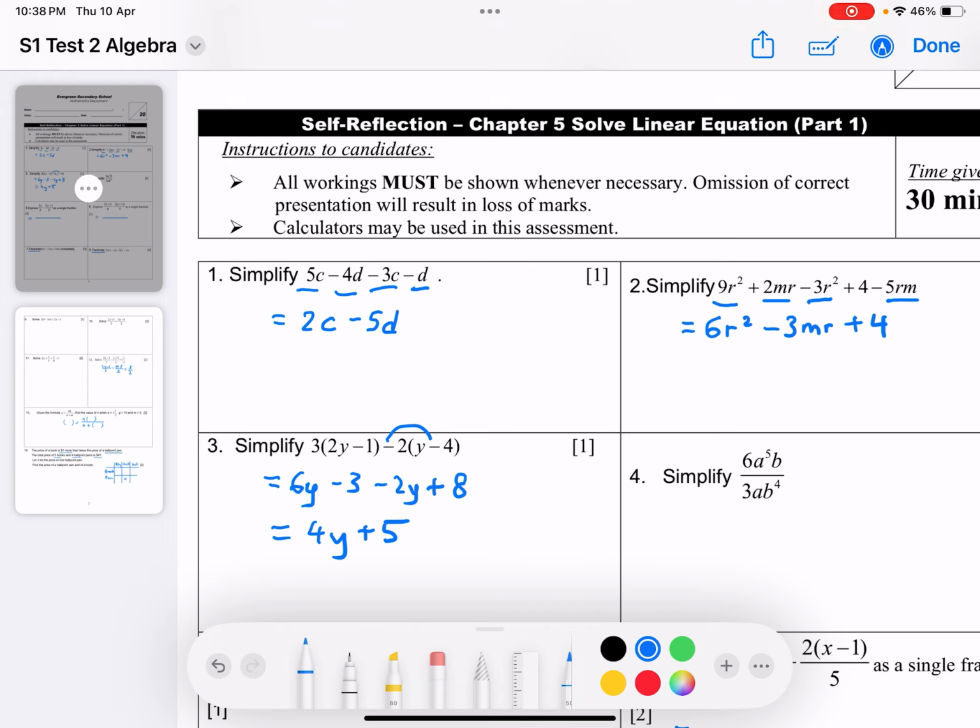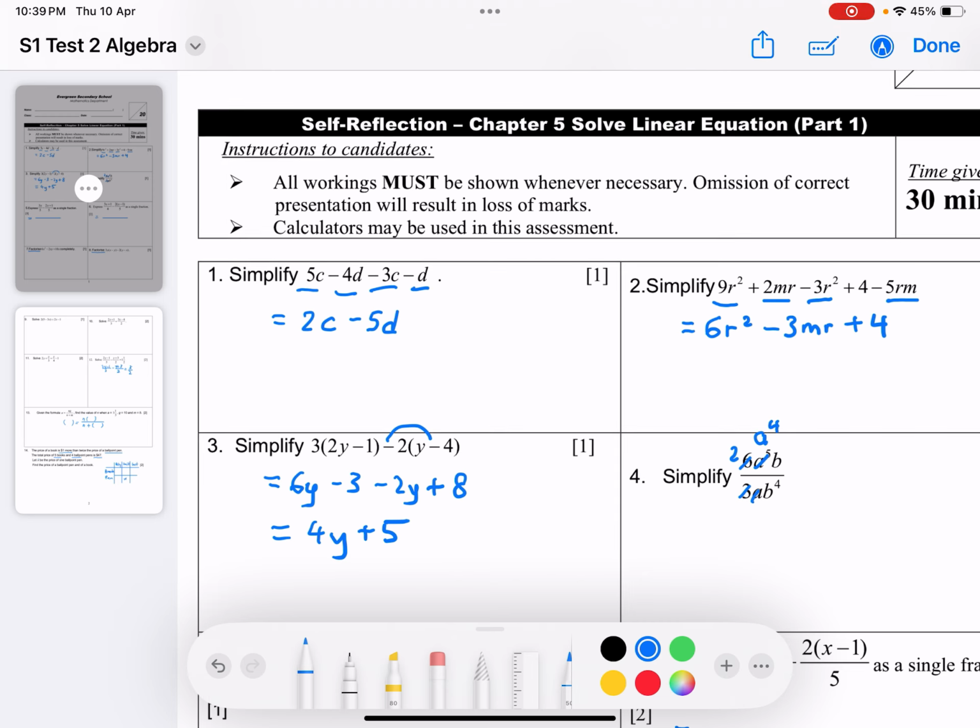In the fourth sum, we just need to cancel common factors. 6 cancels with 3 is 2. And a to the power of 5 cancels with a. So we have 5 factors of a less 1 factor of a, so the result is 4 factors of a.